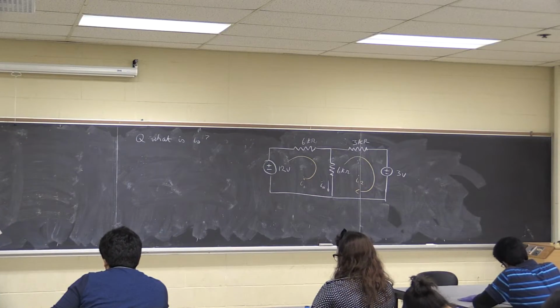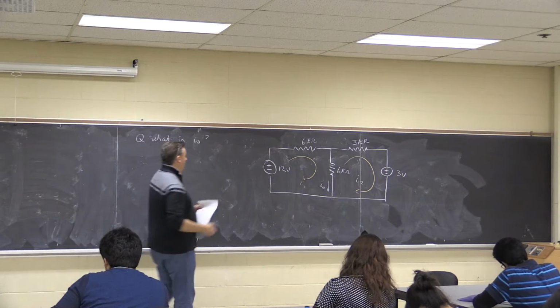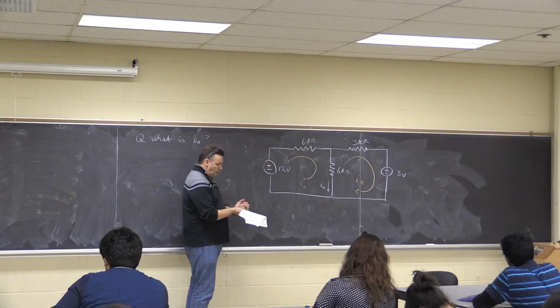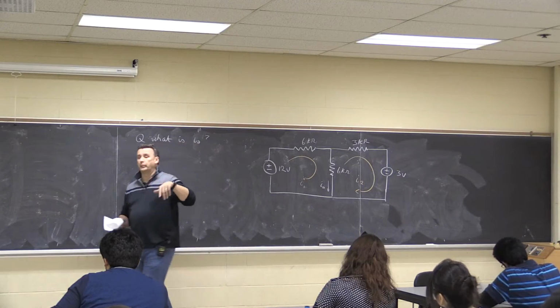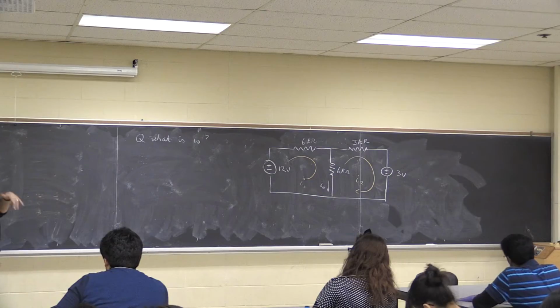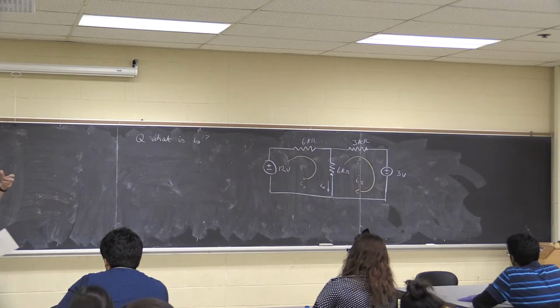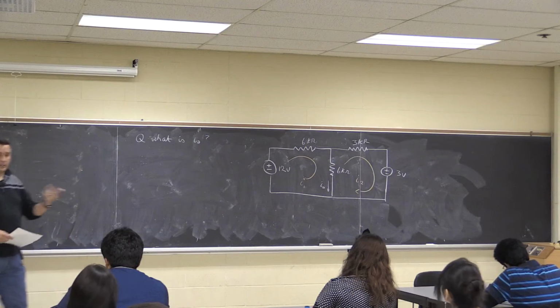Well, if we're doing loop analysis, we're going to walk around these loops and figure out voltage drops. Or we're going to follow the currents that are flowing within the loops. Now, I'm moving from current to a voltage, but the conversion is easy. It's Ohm's law. So if I know the current through a branch, I can apply Ohm's law. If I know the voltage across a branch, I can apply Ohm's law.